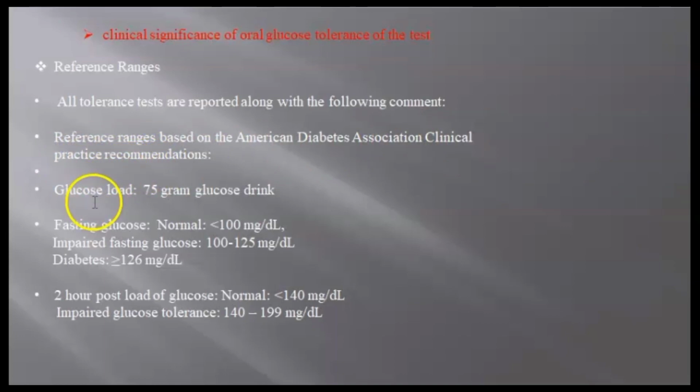Now this is how we are talking about the glucose tolerance test, and I've explained the principle before. A glucose load, or glucose powder or glucose drink, is administered to the patient or to an individual: a 75 gram glucose drink. Now we check the fasting glucose. If it is below 100 milligram per dL, it means the patient's blood glucose is normal.